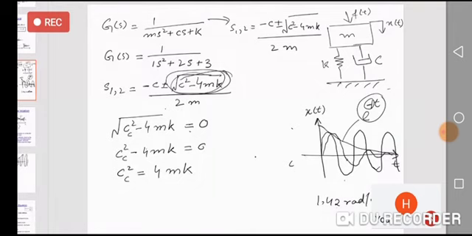Okay? Now CC square is equal to 4mk, or CC is equal to under root 4mk, which is equal to 2 under root mk. So this is the formula for CC. If you want to find out a damping value that will make the system critically damped, and you want to know what value of dampers should I use, then you should use C value equal to 2 under root mk.